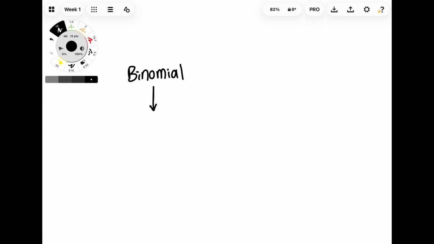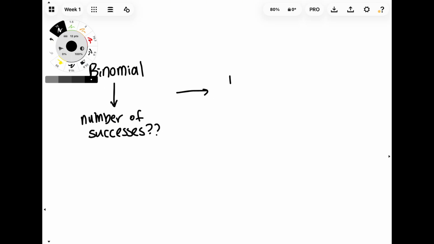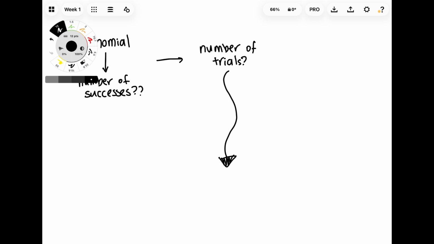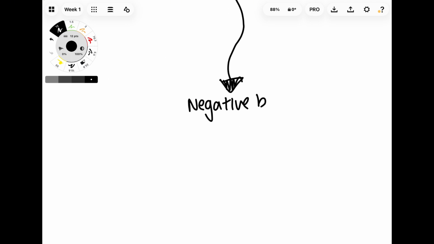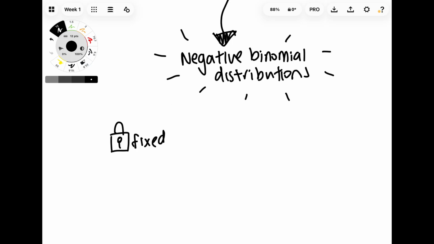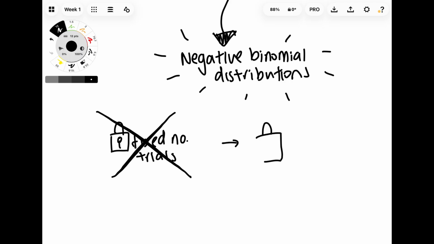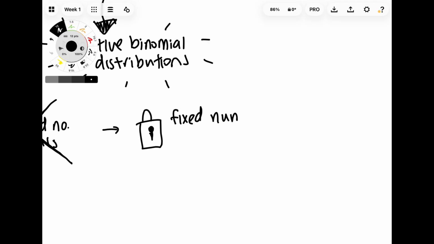The binomial distribution tells you how likely it is to achieve a certain number of successes within a fixed number of trials. But what if your goal is reversed? What if you want to know how many trials it will take to reach a specific number of successes? This is where negative binomial distributions come into play. Instead of keeping the number of trials fixed, we are now keeping the number of successes fixed.